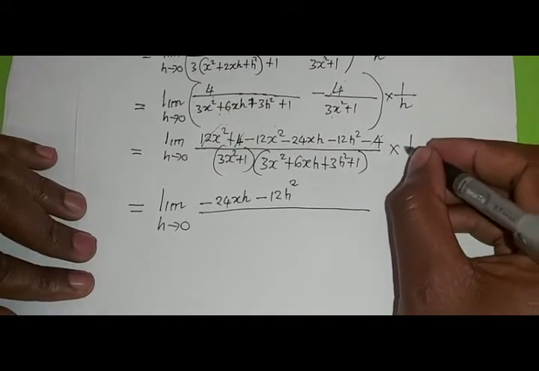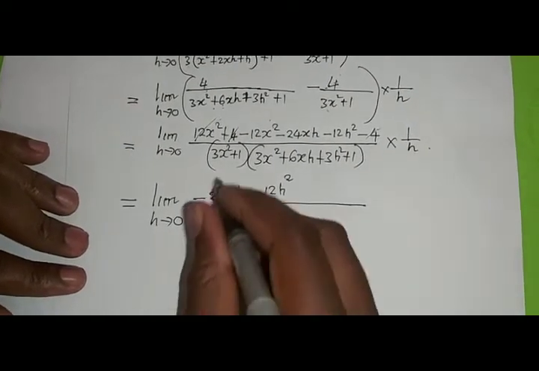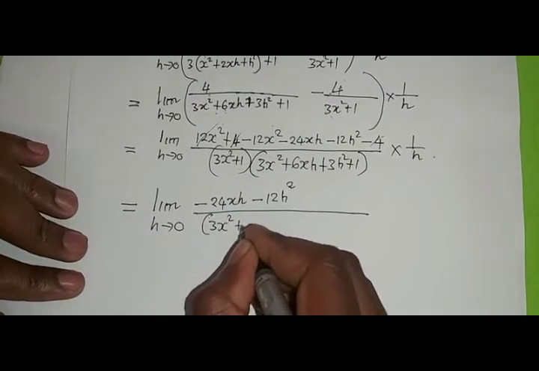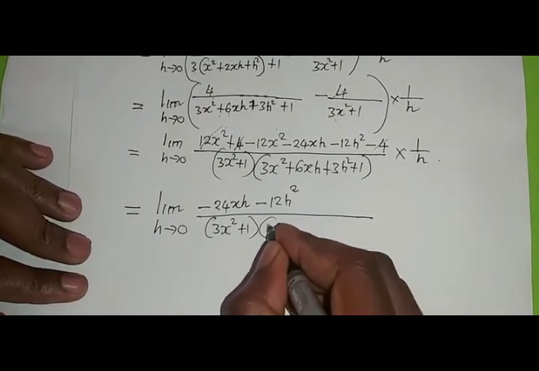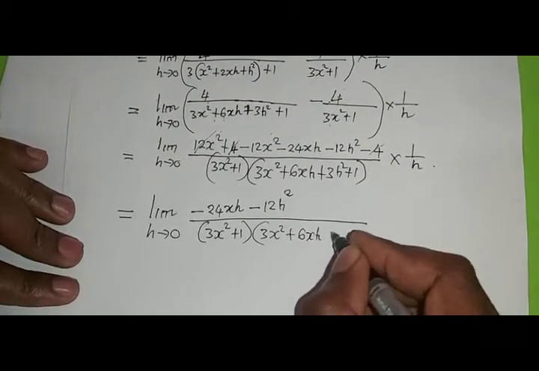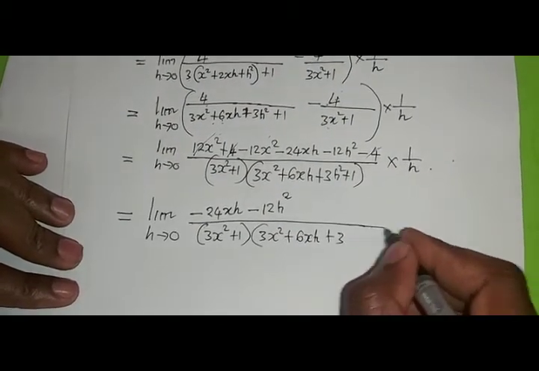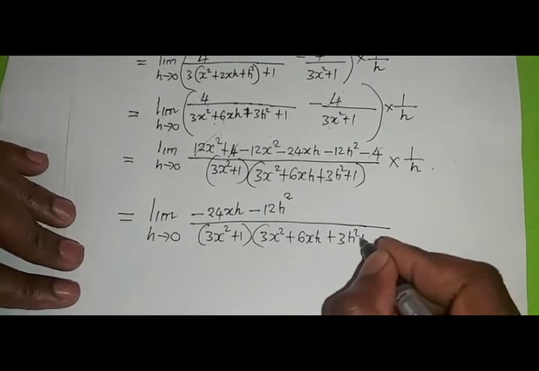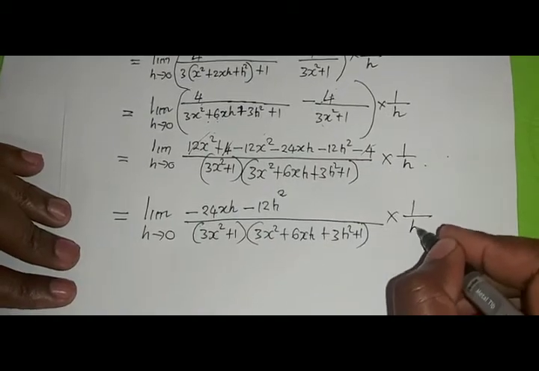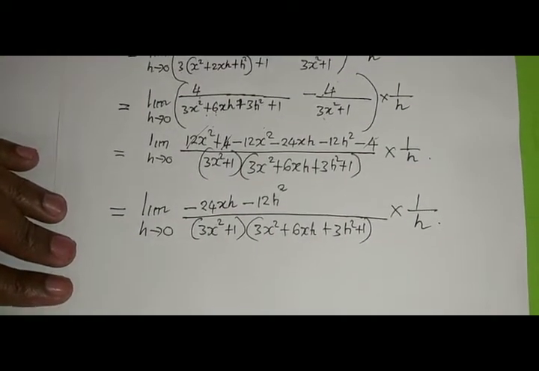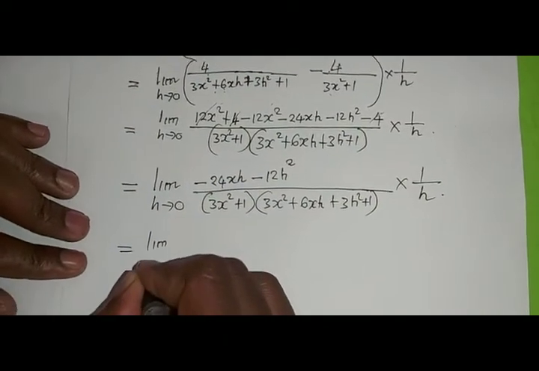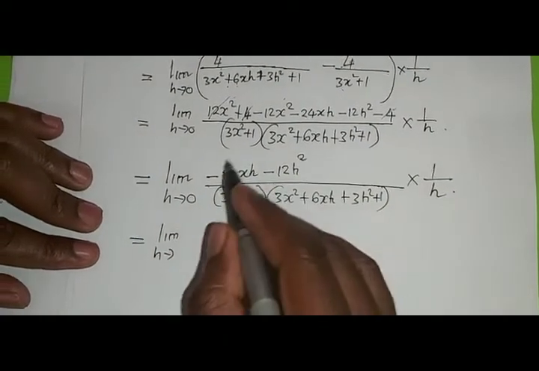Here, remember, it's multiplied by 1 over h. Therefore, here it will be 3x squared plus 1 into 3x squared plus 6xh plus 3h squared plus 1, multiplied by 1 over h. Now from here, we factorize actually.